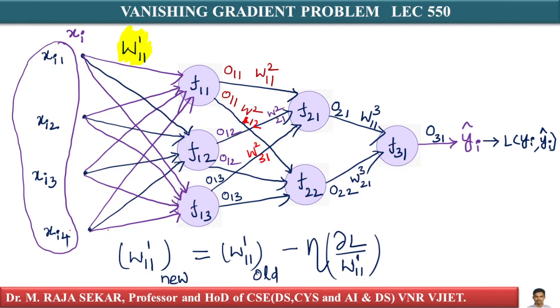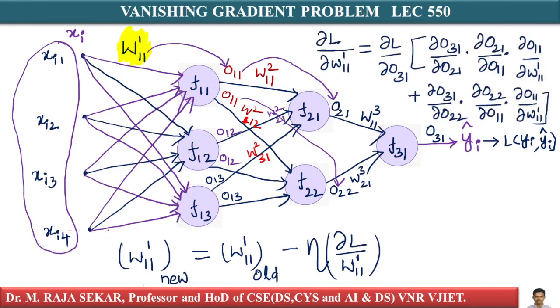So this is the derivative of L with respect to W11. Yes, this W11 impacts O11. That is important. W11 impacts O11. O11 impacts O21, also O22. I already discussed this formula in my previous lectures.